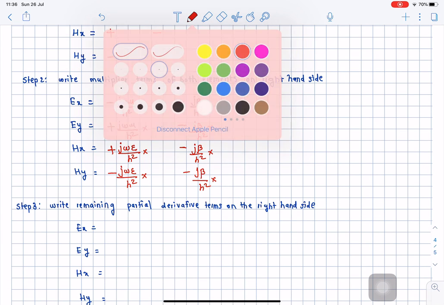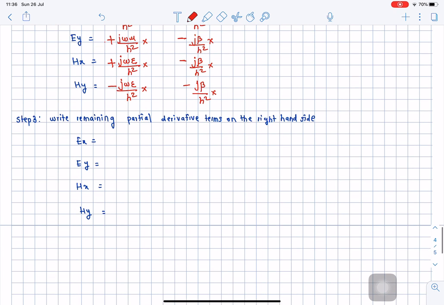First step, write the polarity, because I am going to repeat the above step again: minus minus, plus minus, plus minus, and minus minus. The second step was writing the multiplier terms. I will first write the multiplier terms for all the right hand side second parts in this way.